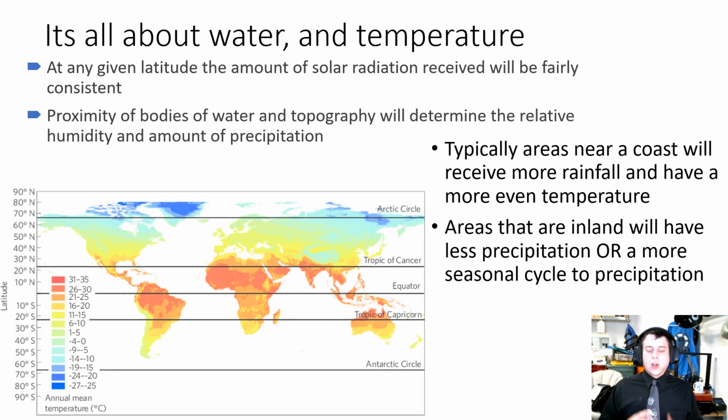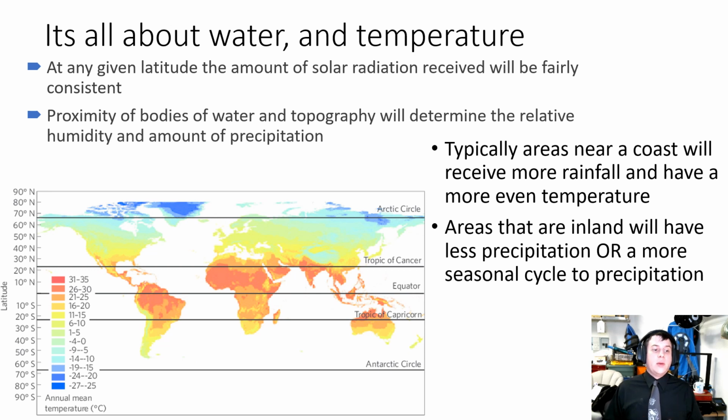So because it's all about water and temperature, we can take a look at that and we can graph that across the surface of the planet. If you have an area that is close to a body of water, generally speaking, it's going to have a more even temperature. It's going to have milder winters and more consistent summers, generally going to have a greater access to rain, but you're also going to have areas which are separated from bodies of water.